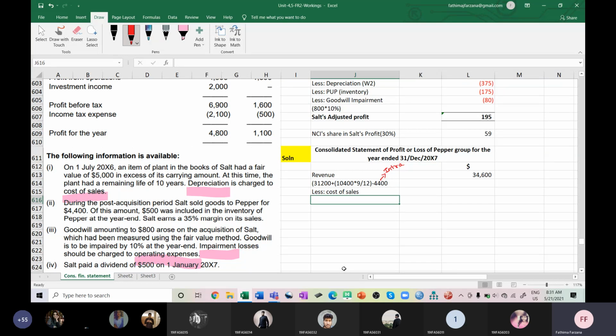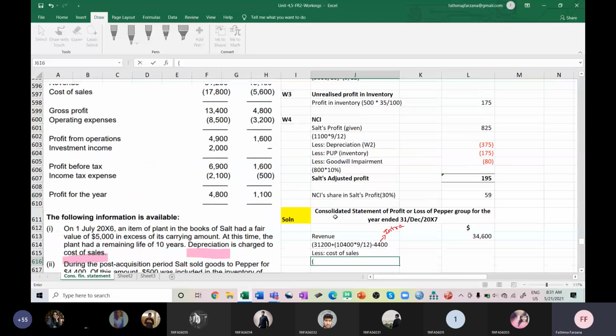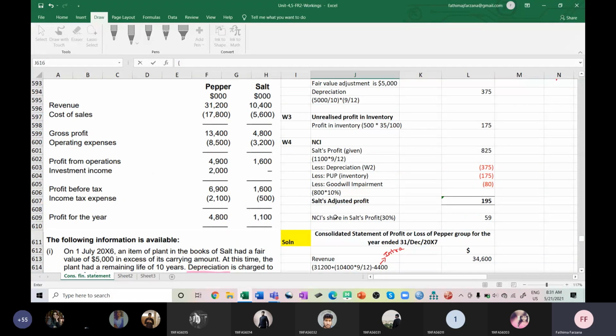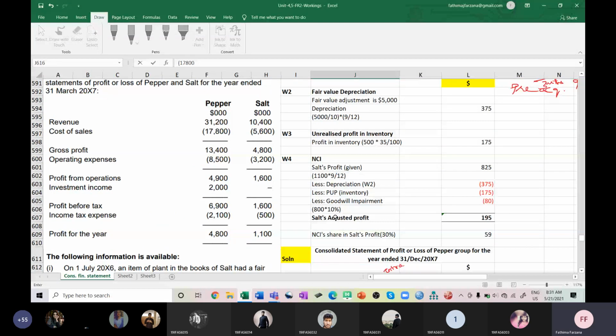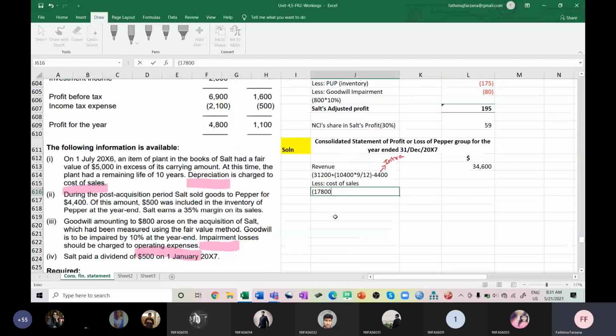Okay, so how to go ahead, we write here. First, as usual, I'm taking the entire amount of Pepper, that is 17,800. Then I'm adding not the entire amount of 5,600, instead 5,600 into 9 by 12.